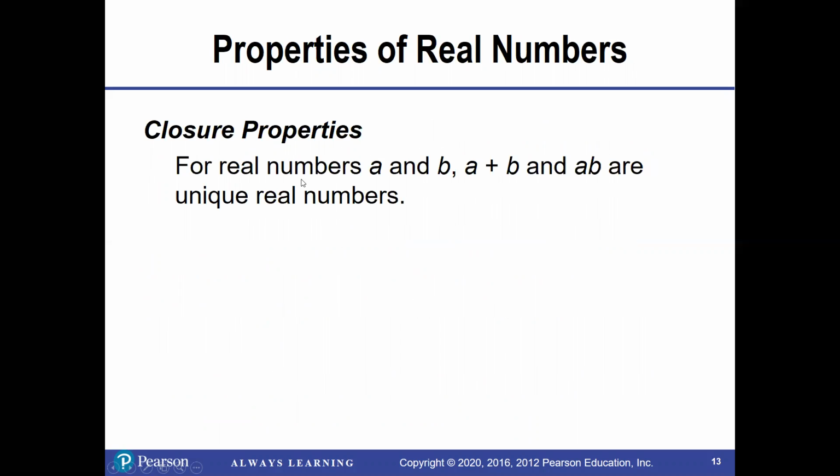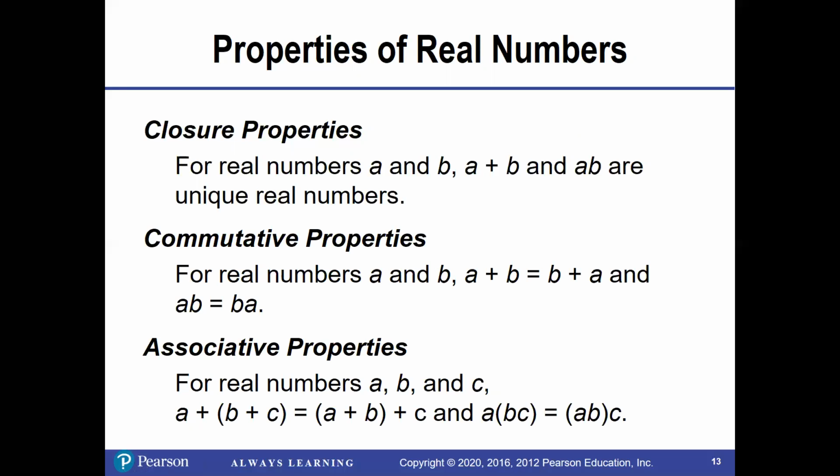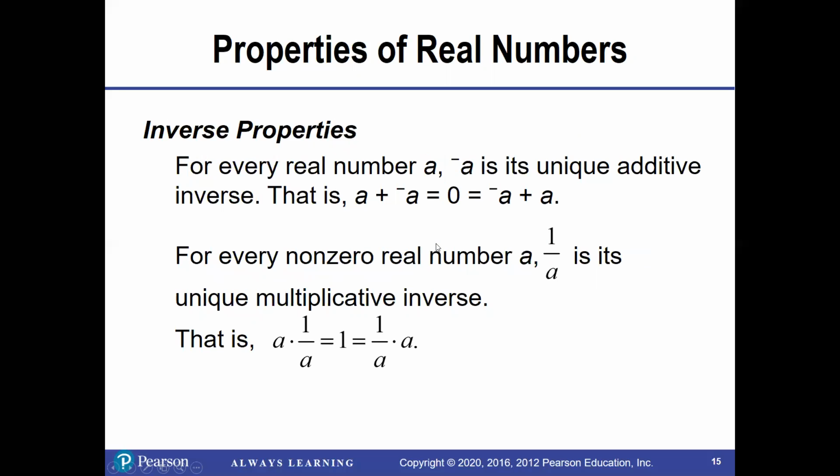Now, properties of real numbers: they are closed. Any real number plus another real number will give you another real number. They're commutative by addition and multiplication. They're associative. They have the identity, 0 when adding and 1 when multiplying, all things that we've done before.